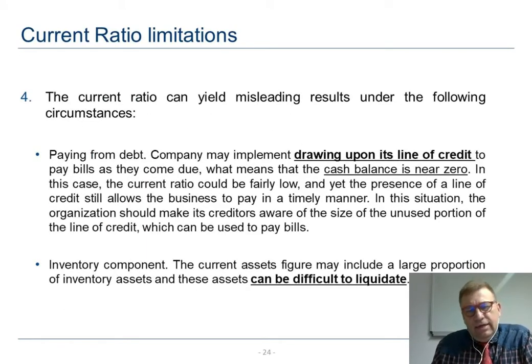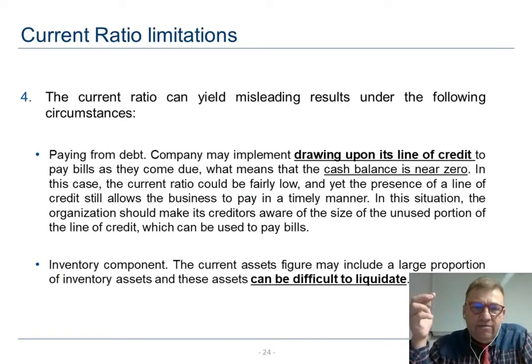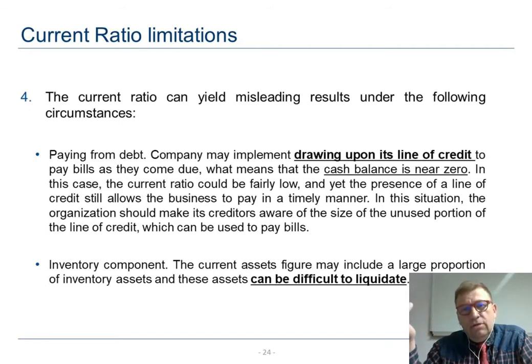And as well, current ratio may be misleading in some other circumstances, like paying from debt, because companies might use the line of credit that they have in order to pay. Therefore, their cash balance is almost zero. Actually, they have quite a small number of current assets because they are able to borrow on a line of credit from the bank.